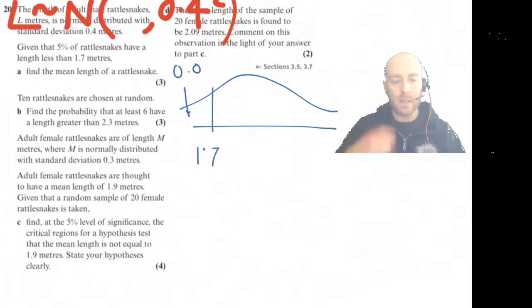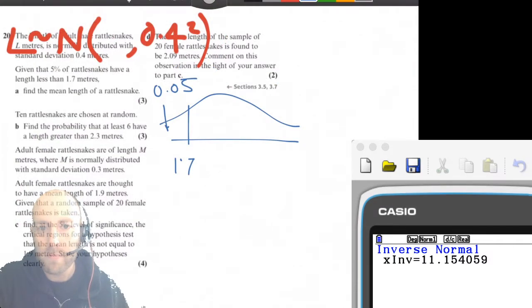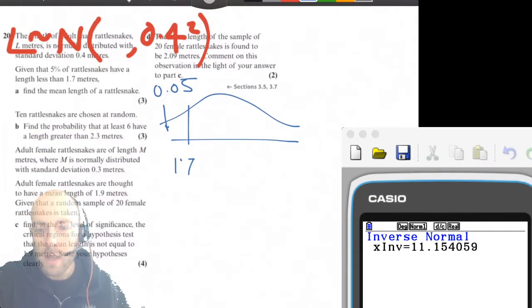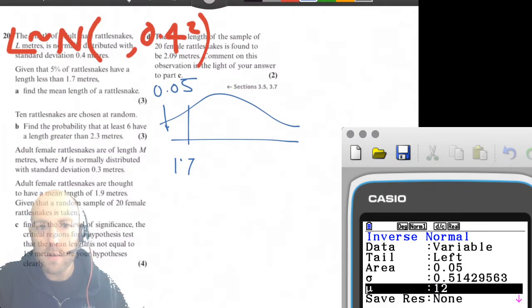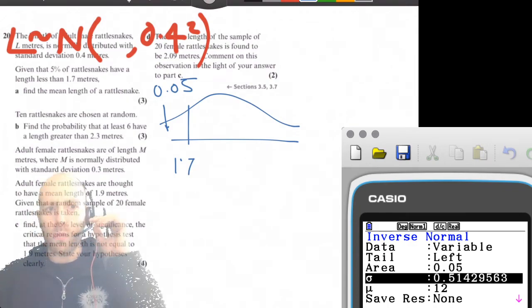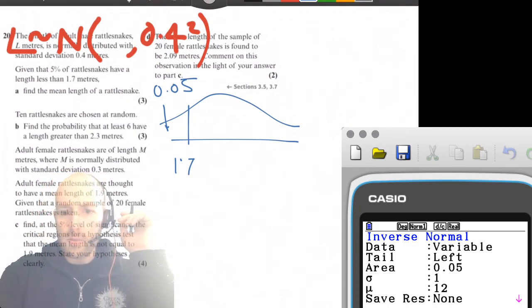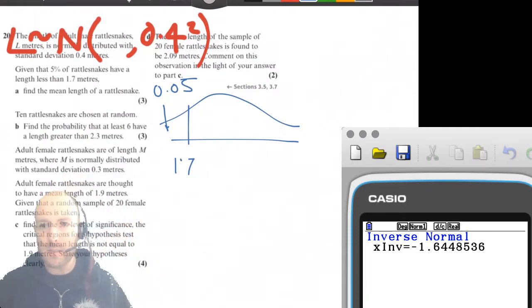So we're finding z, and then using z equals x minus mu over sigma, so calculator. Inverse normal, to the left, yeah, 0.05. Sigma is going to be down as 1, and mu is 0. So we should get z is 1.645.